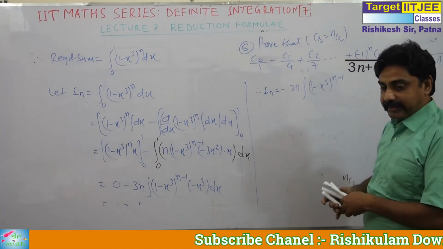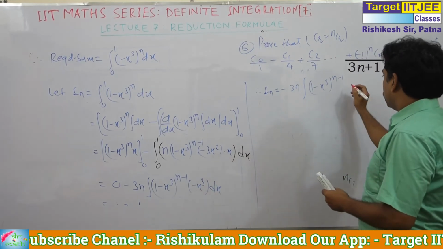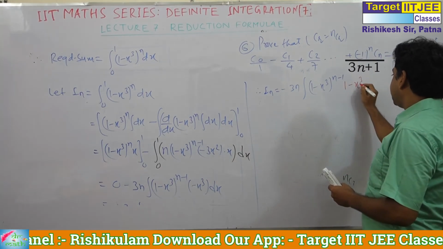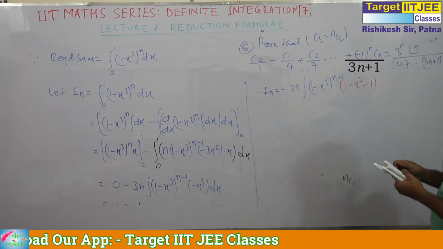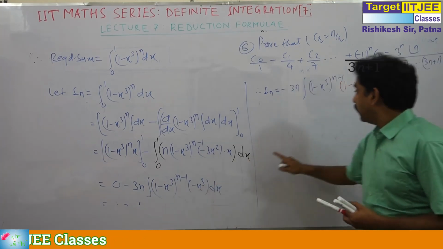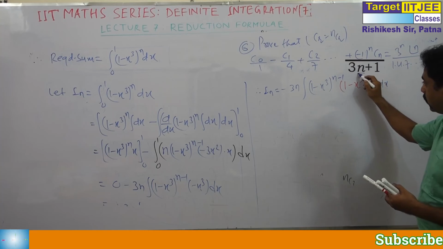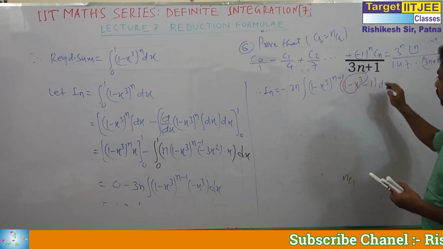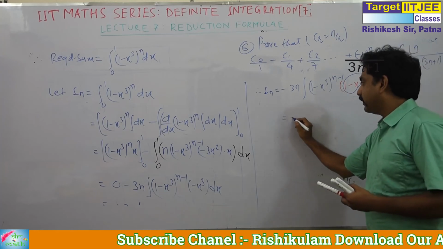This is (1 minus x cube minus 1) dx. Are you getting it? Actually this is minus x cube. I have added 1, I have subtracted 1. Why? Now take this as one term and this as another term. Multiply this by this, what do you get?